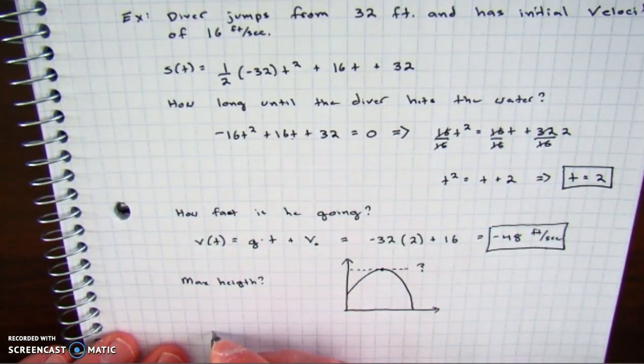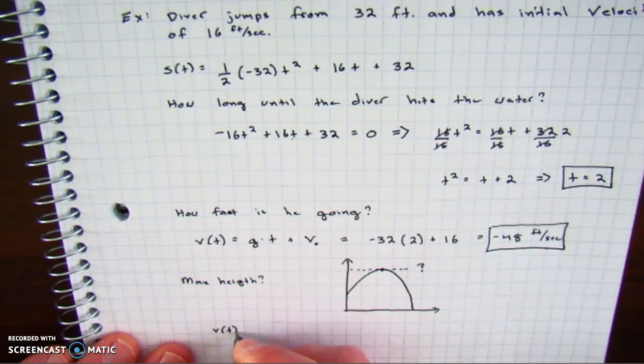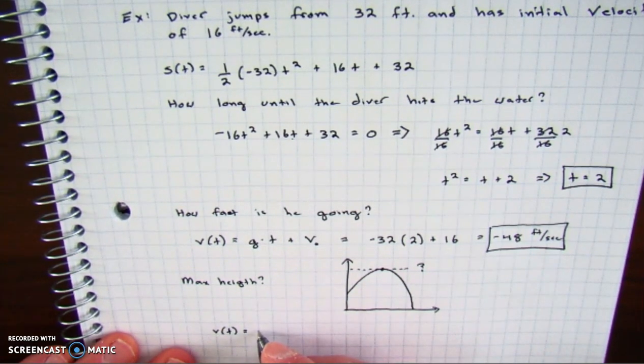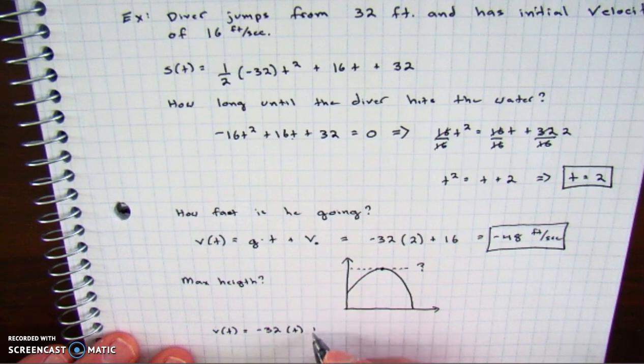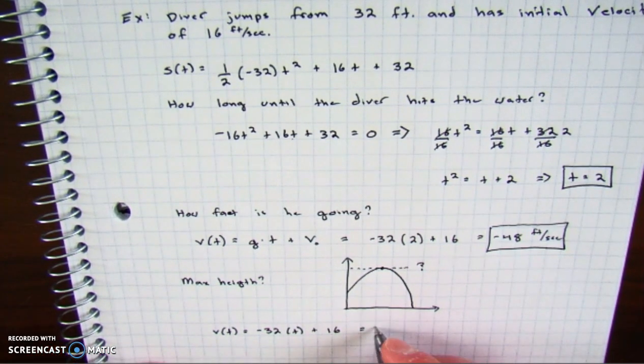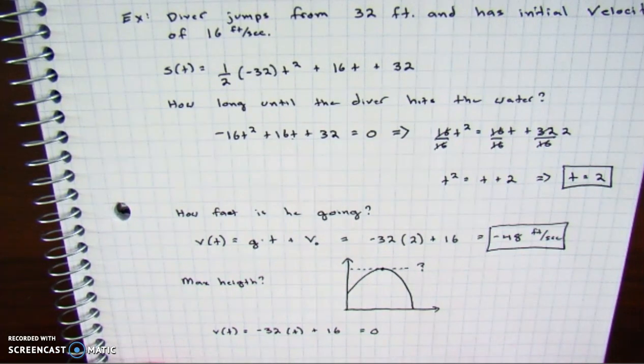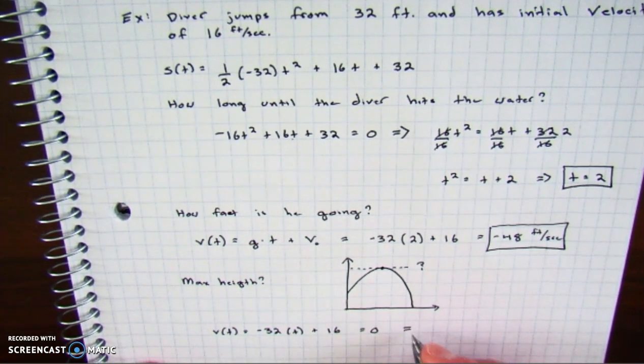So our velocity equation equals negative 32 times t plus 16, and we've got to set this equal to 0. All right, so this is pretty easy to solve.